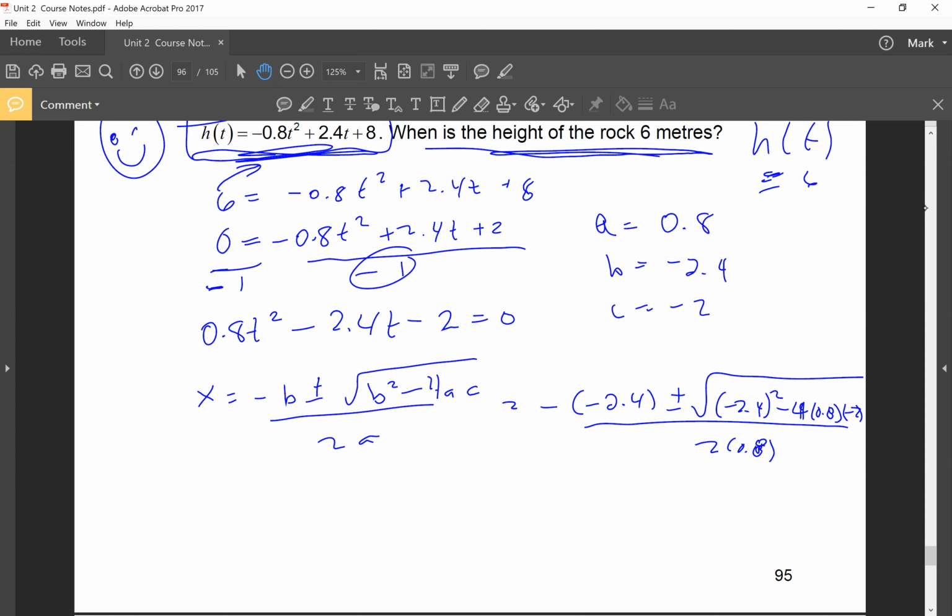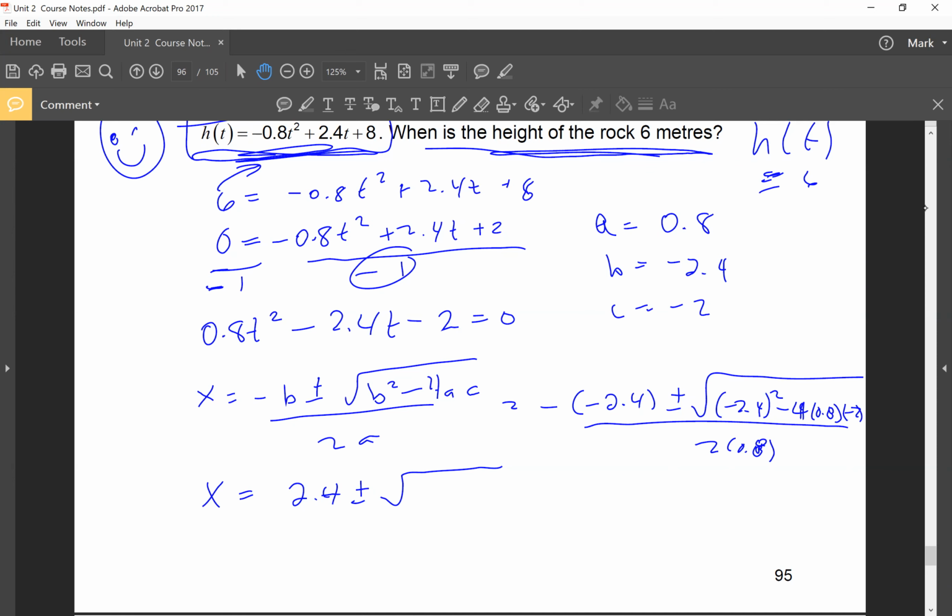Okay, so let's see what I get. So x is going to be positive 2.4 plus or minus the square root of this number. So 2.4 squared minus 4, I'm just putting this in on my calculator, times 0.8 times -2. Just making sure I'm putting that in right.